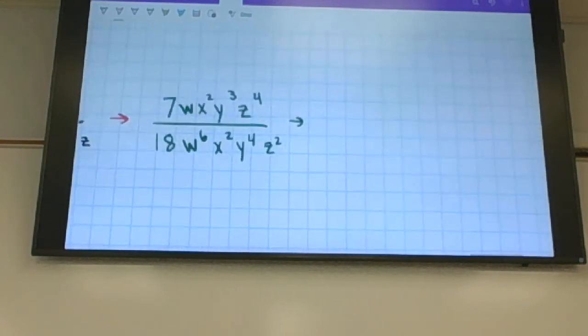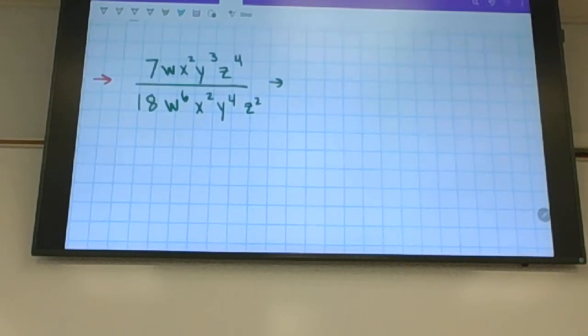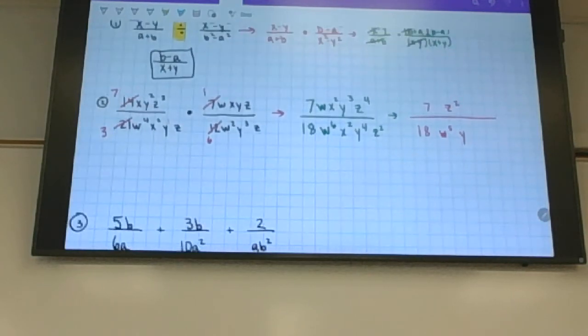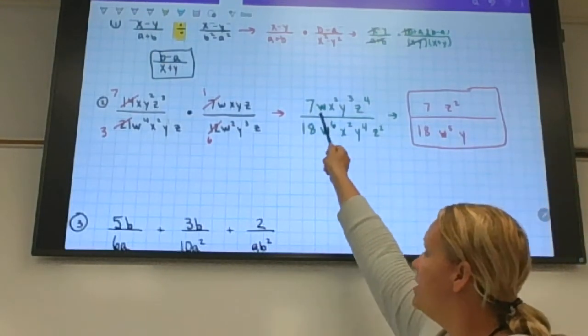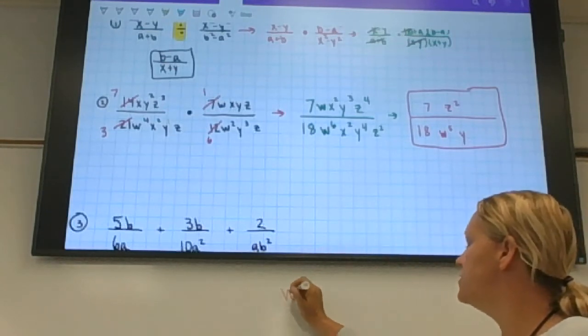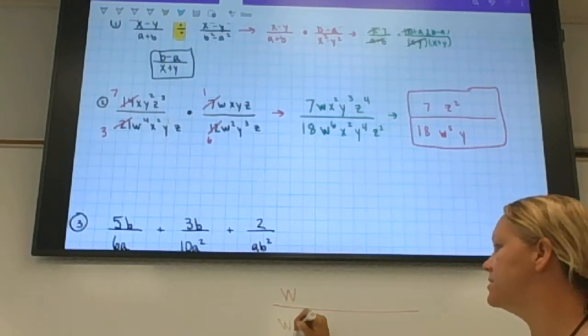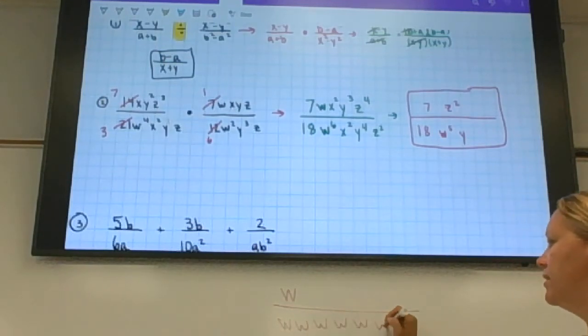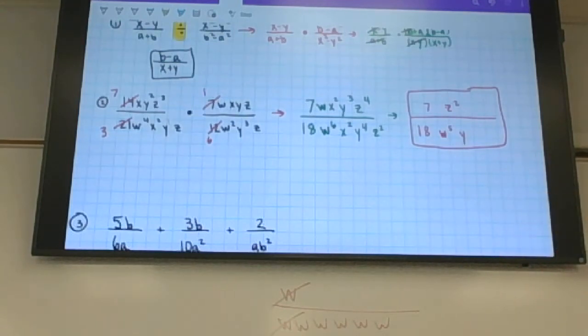And now I'm going to reduce. So 1w up top and 6w's down below. Keep in mind you can, as much as you want, write out these variables. One of them will cross out, leaving 5 in the denominator.